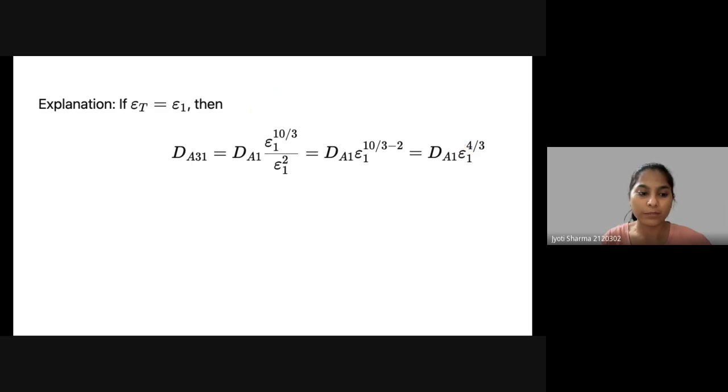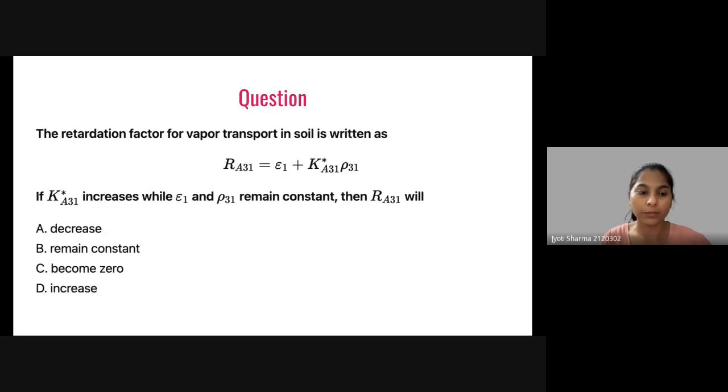Last question I think we will solve, and then we can go for dinner. We have the retardation factor, Ra31, for vapor transport in soil, written as this one.